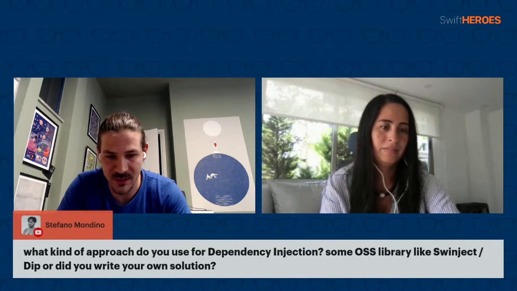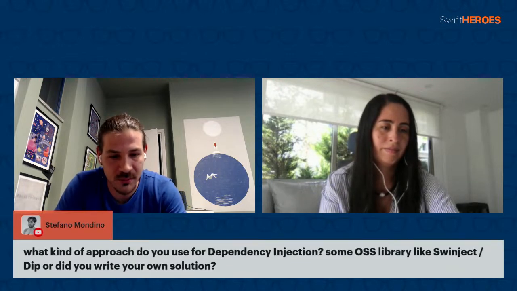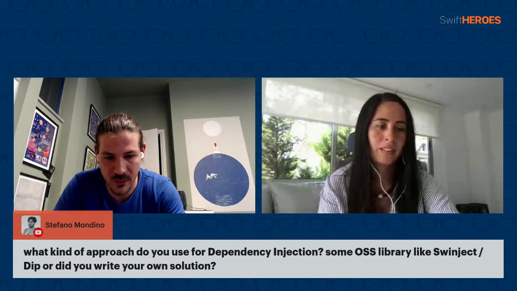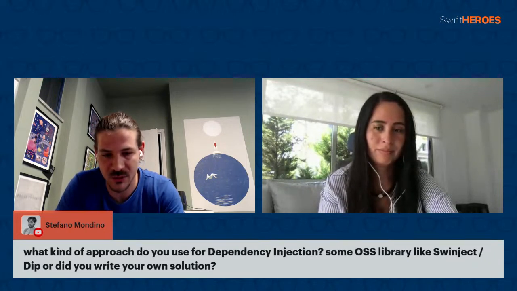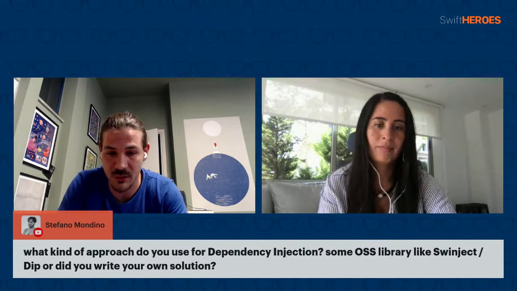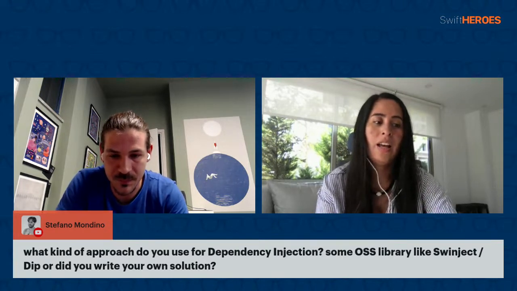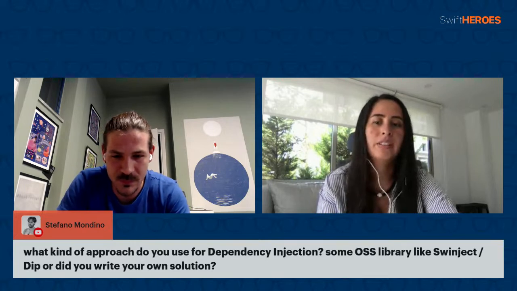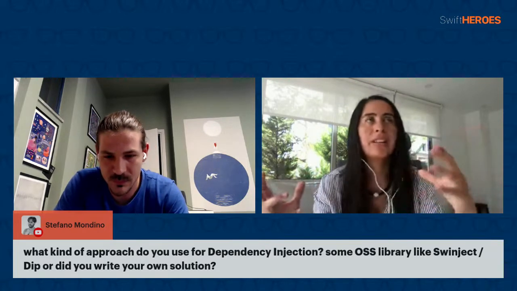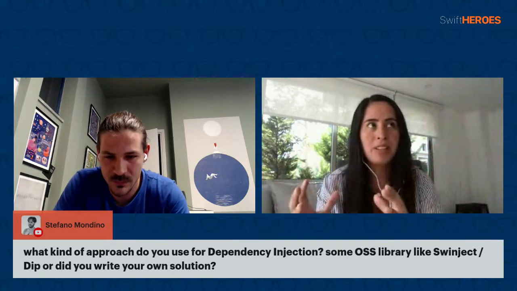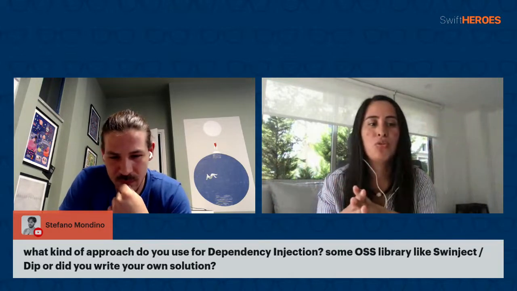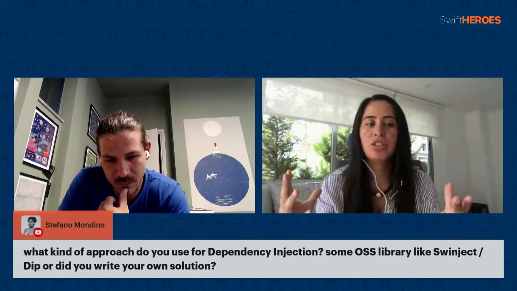Well, we actually have another question about what kind of approach do you use for dependency injection? Like some open source software library like Swinject or Deep, or did you write your own solution? Yeah, it's more the solution. You have the domain teams. Inside the domain team, we do not use any dependency injection library.